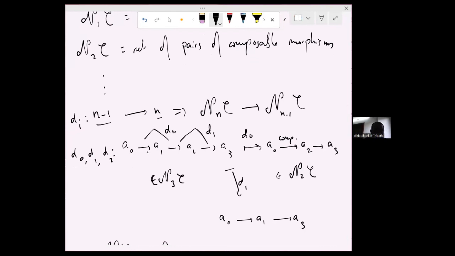Let's see, I have to try to remember now. So D0, D1. Now if I want to look at D3, then what do we combine? Yeah, let's have a look at this also.